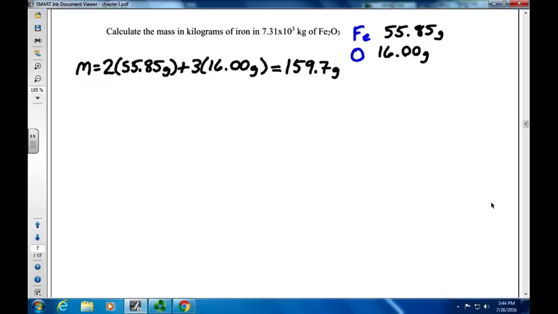Now we need to find the percent of iron. We don't have to worry about oxygen. It's not asking about oxygen. It's only asking about iron. So let's just find the percent iron.